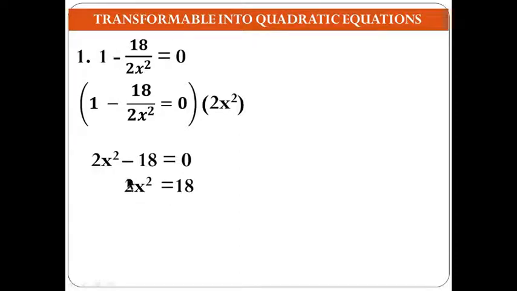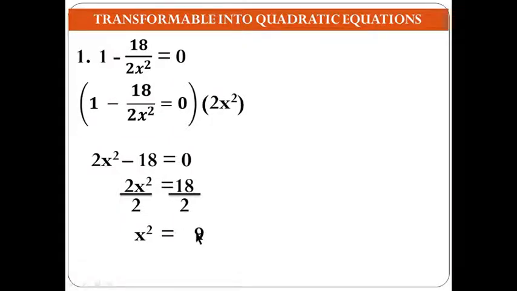So, dapat matanggal si 2. Yung gagawin ay divide both sides by 2. So, 2x squared divided by 2 ay x squared. Then, 18 divided by 2 ay 9.